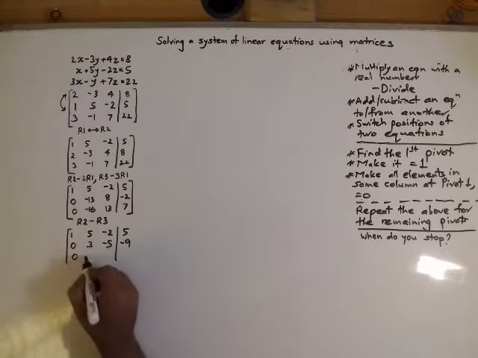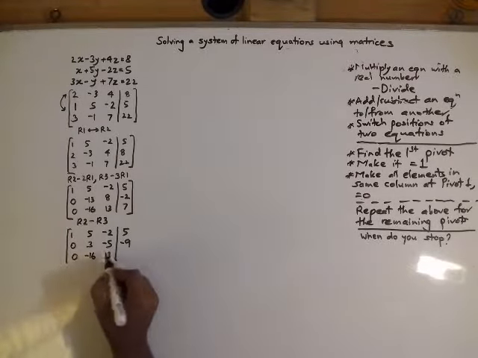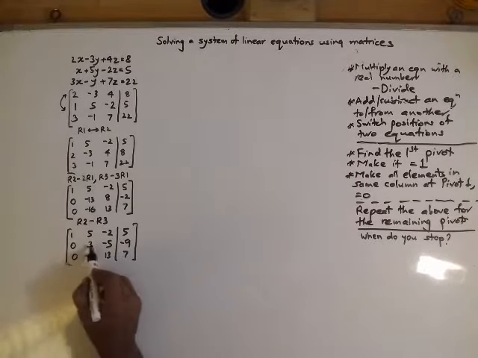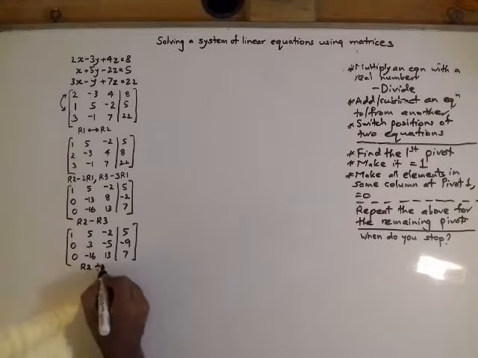R3 stays as is. I still got to get this to 1. So now I will divide this by 3. R2 divided by 3.